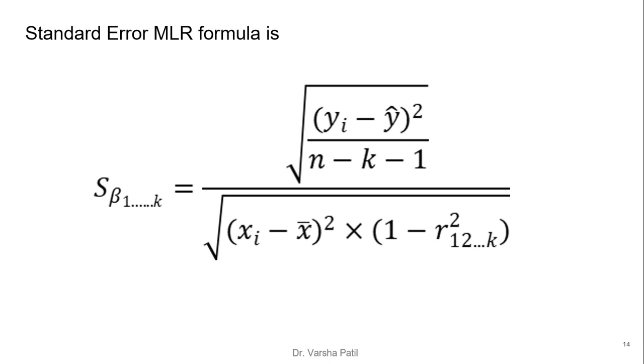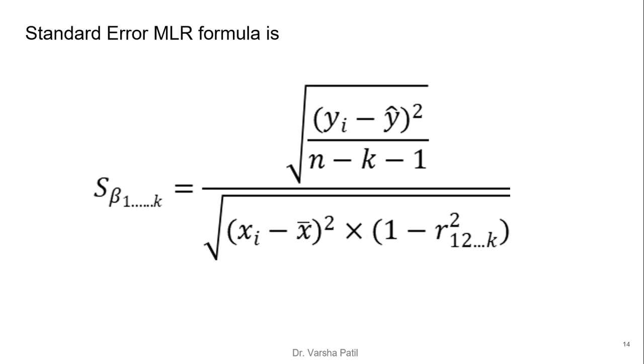Now the standard error formula for MLR. When we are using multiple independent variables, we require to consider the correlation between those variables, and we require to include that in the standard error formula. So when more than two independent variables are there, it becomes very difficult to do the calculation manually. We can write a program, and from the program we can take the values.